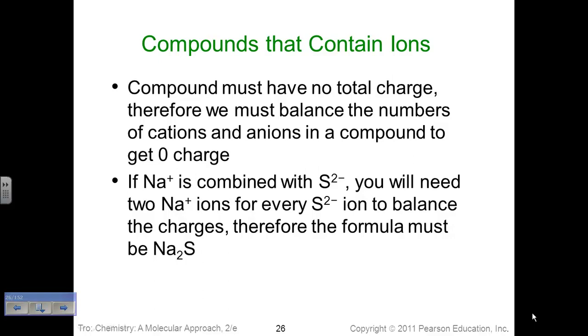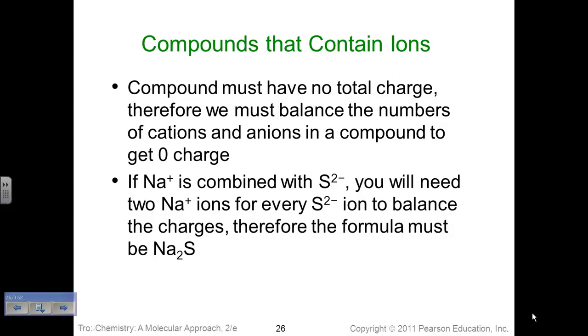When a compound has no total charge, but the individual structures, those ions, are indeed charged, we start to consider that for every one positive cation charge, we need one negative anion charge to neutralize, to give us the net charge of zero.